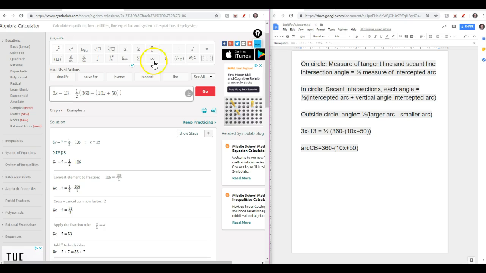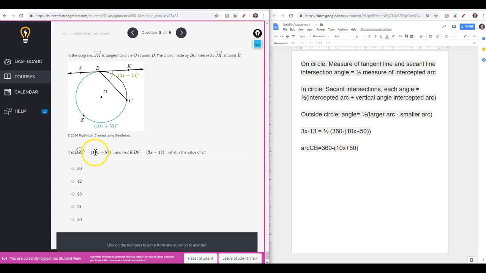The reason I included these parentheses when I typed in 360 minus 10x is because the major arc was equal to more than one term. Since there were two terms, which is 10x and 50, I included the parentheses so that this subtraction would apply to both the 10x and the 50. So that's why I included parentheses, because there's more than one term.